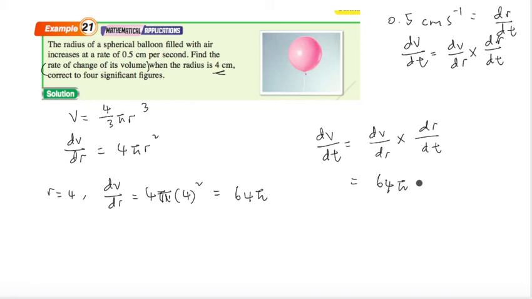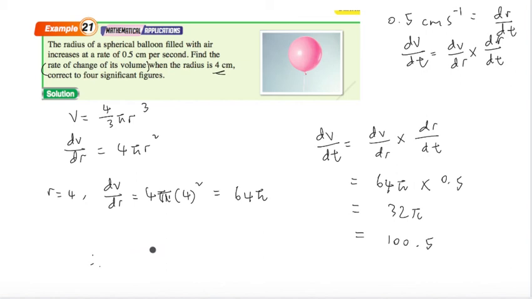So right here 64 pi. dr dt given 0.5. So the answer is times, 32 pi. You can use pi equals 3.142, on your calculator you get 100.5. So this is dV dt.